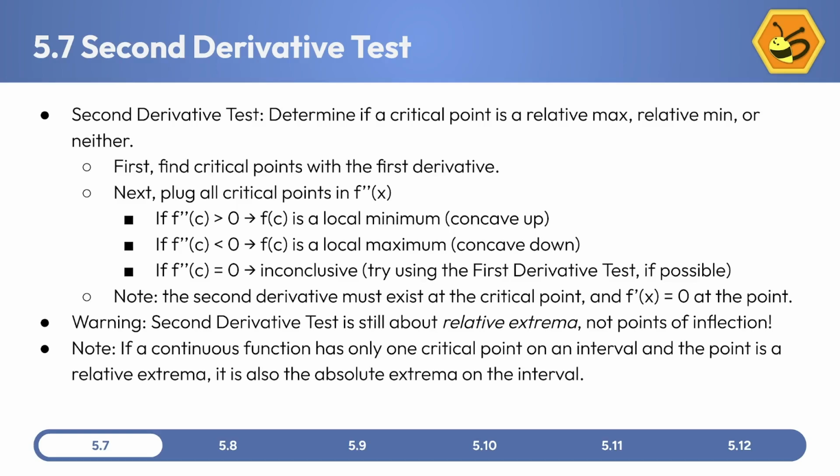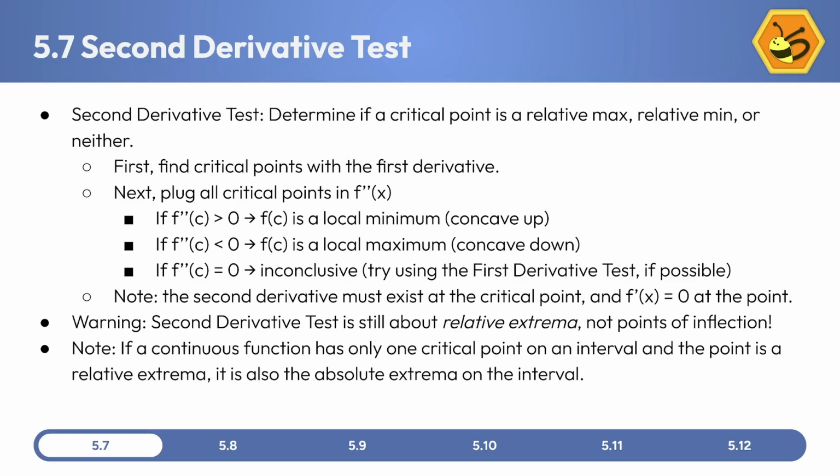The next step is to plug our critical points into our second derivative. If the function is concave up around that point, so a positive second derivative, then it's a local minimum. If it's concave down, we have a local maximum. If not, it's inconclusive.